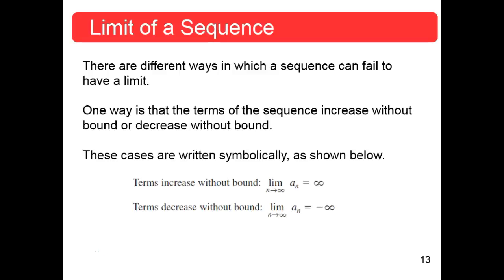Now, new subject here. There are different ways in which a sequence can fail to have a limit. Do y'all see something sort of flashing in this? Yes or no? Okay. A little bit?